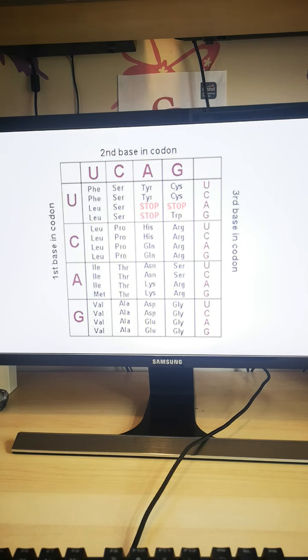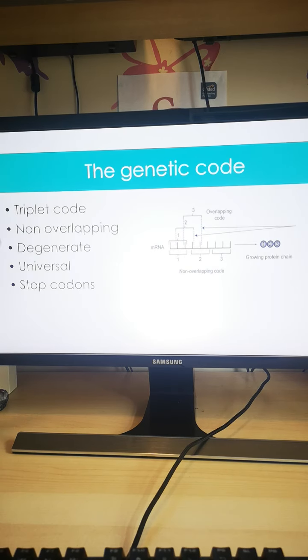So how do you explain that to the examiner? This degenerate code. Some of you will have worked out that if it's a triplet code and we've got 4 bases read in 3s, that gives us 64 different triplet codes.